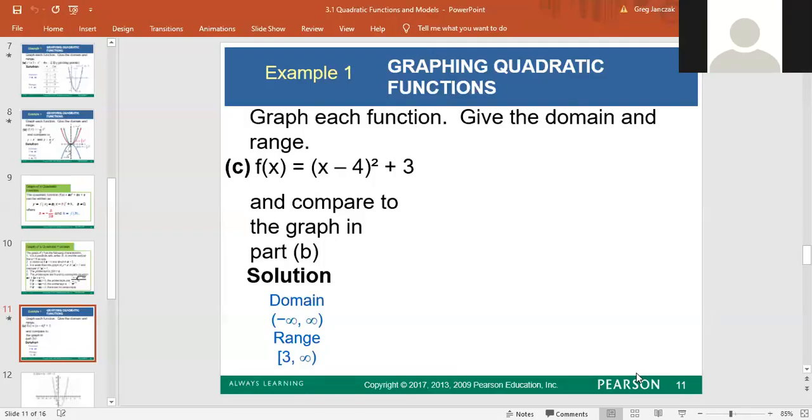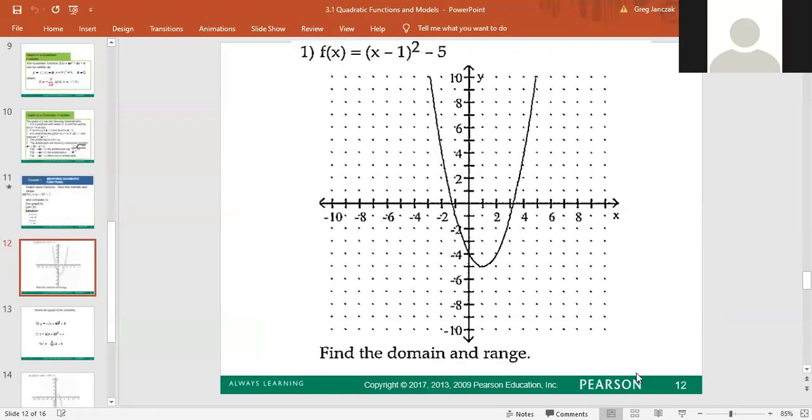Alrighty, so let's continue on. Here we have (x minus 1) squared minus 5.